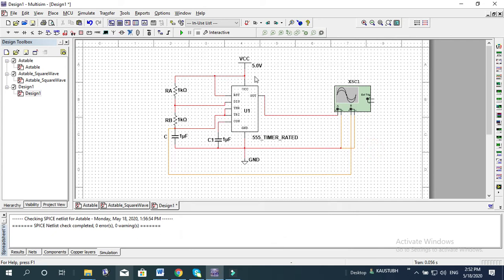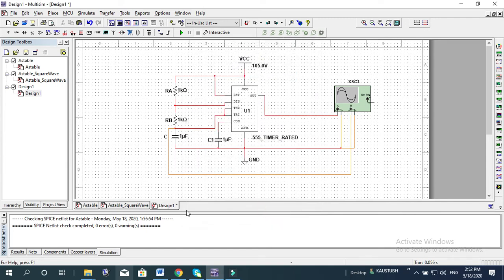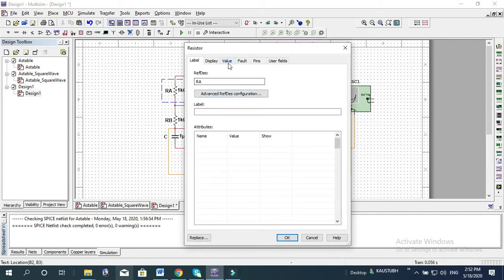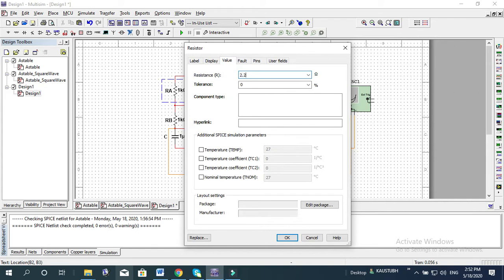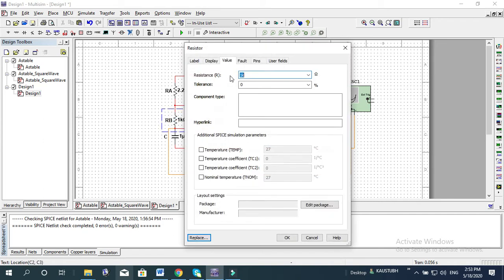Okay, now the values for the VCC I am making 10 volt. Then this R1, let for the first time I'll make it as 2.2K. Then suppose this one I'll make it as 3.9K.